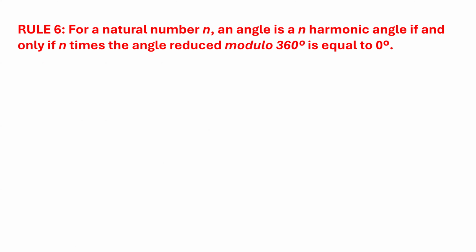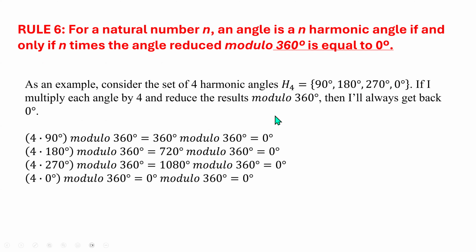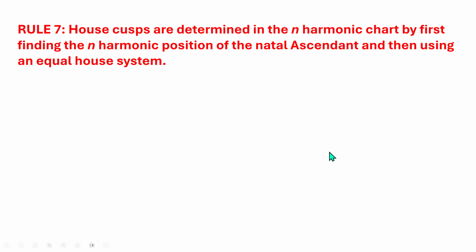And you're only going to get back 0 degrees when you multiply an n-harmonic angle by n. And as an example, we could look at the set of 4 harmonic angles, h sub 4 equal to these guys. If you multiply each angle by 4 and reduce the results modulo 360 degrees, which I've done over here, you always get back 0 degrees.